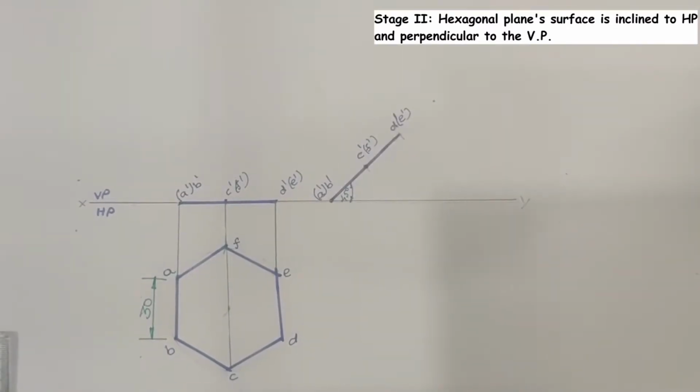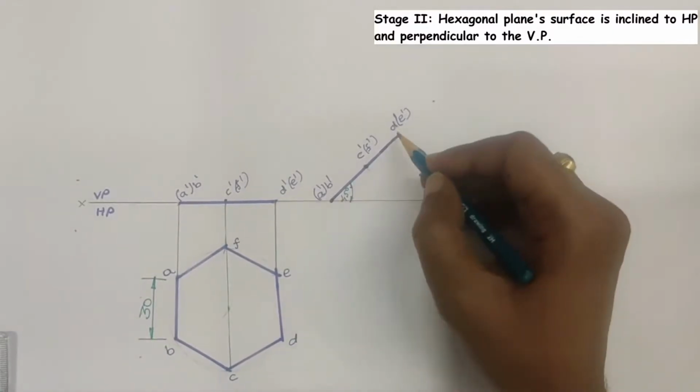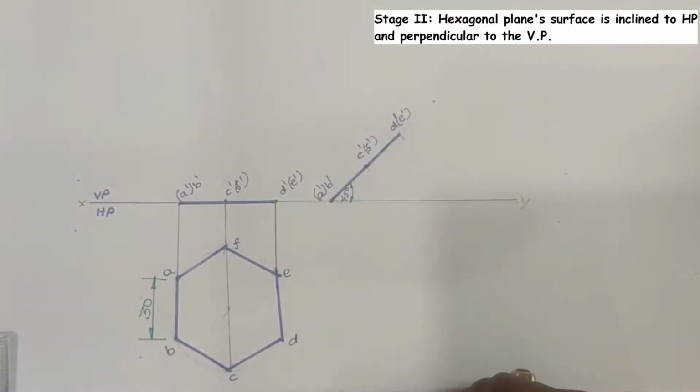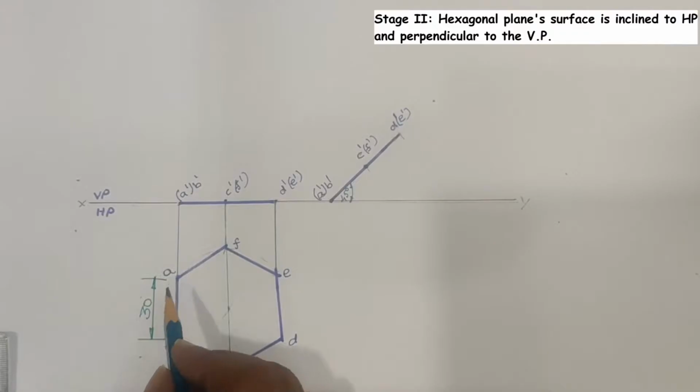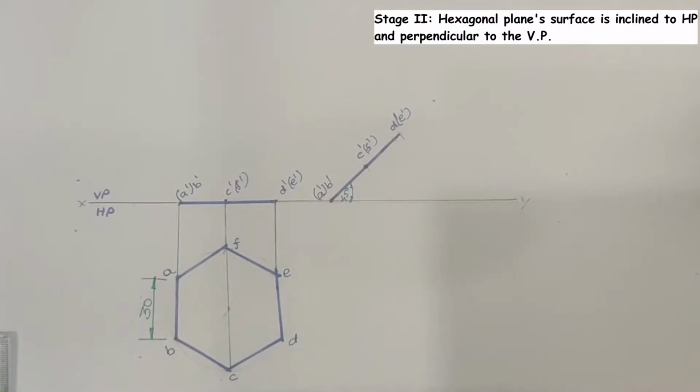After that, draw projectors through the points, say A dash, C dash, D dash, etc. in vertically downward direction, and also draw projectors through the first stage top view points, say A, B, C, etc. in horizontally rightward direction.